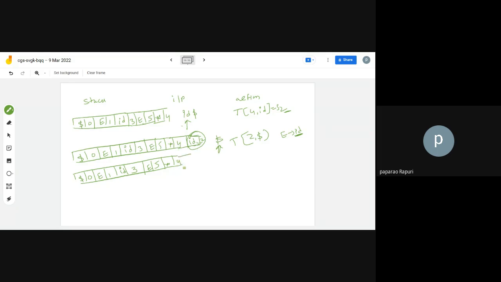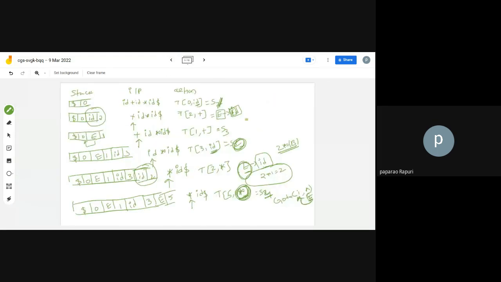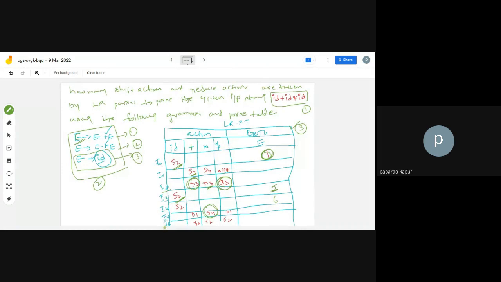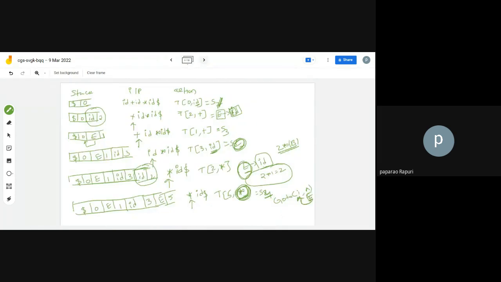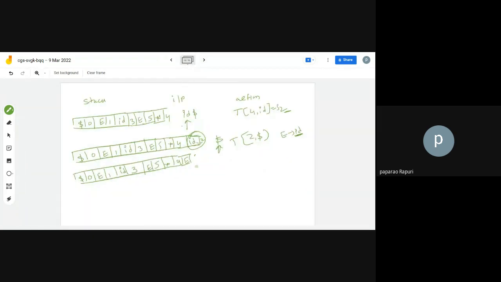After that we are placing E. And what is E comma 4? 4 comma E is 6. So we need to push 6. Now T of 6 comma dollar, because only dollar is there in the input string.